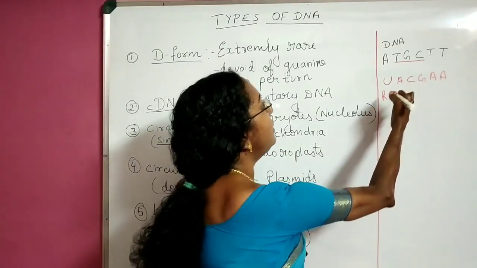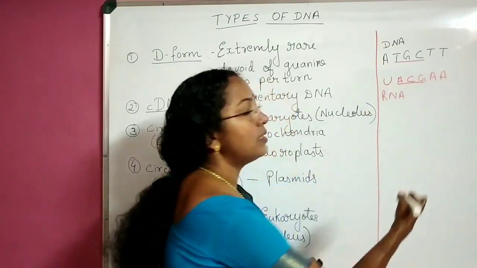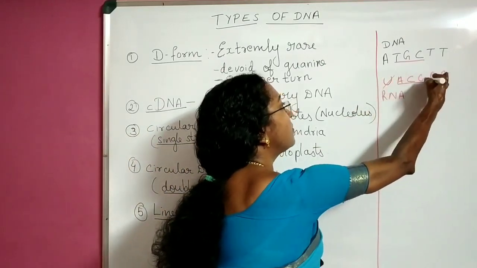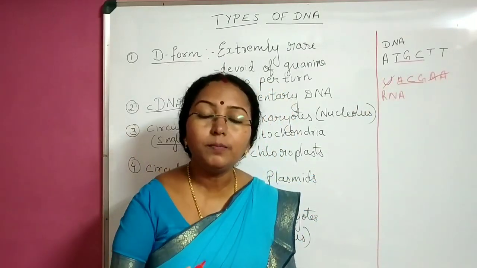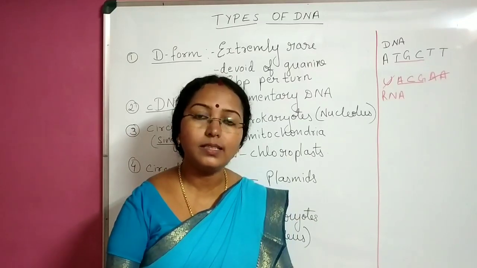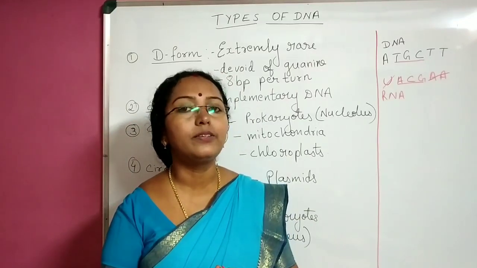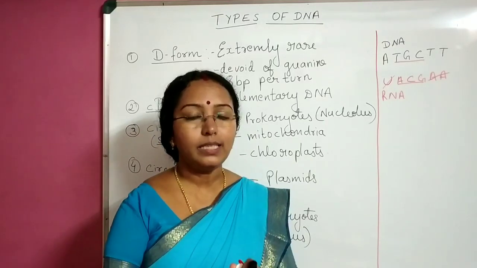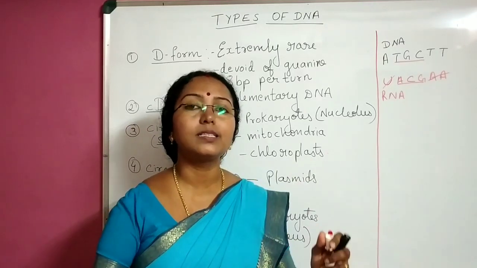So only these 3 pairs will be retained in this RNA. The rest of the bases will be removed. A detailed mechanism of how this is retained and how the other things are getting removed is coming in the coming sessions. Do wait for that. That is named under a process called transcription.